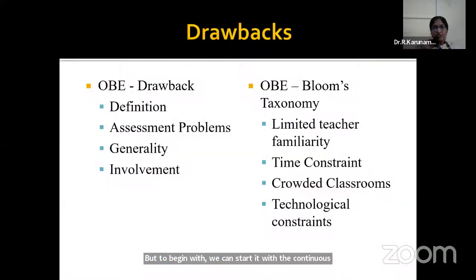So with this, we have come to the end of the session. Outcome-based education and Bloom's taxonomy serve as wonderful frameworks to design a curriculum, develop learning objectives, and assess students' progress. By providing a structured approach to cognitive development, they empower teachers to facilitate meaningful learning experiences and nurture students' intellectual growth.